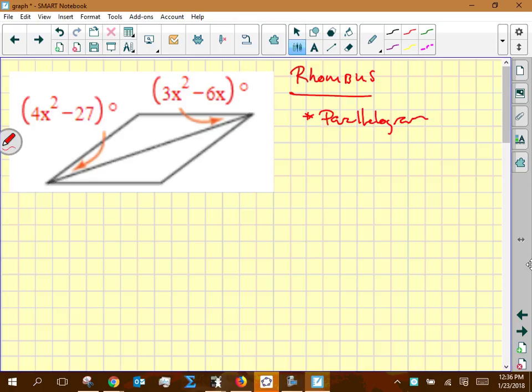And if it's a parallelogram, what would you tell me about that angle compared to that angle? They're the same, right? Opposite angles of a parallelogram are congruent, so those two angles are the same.